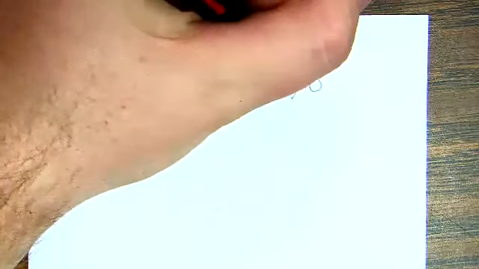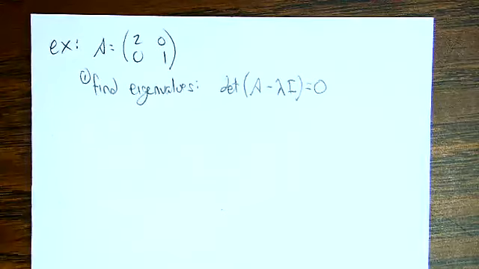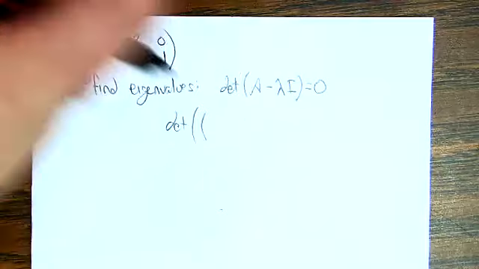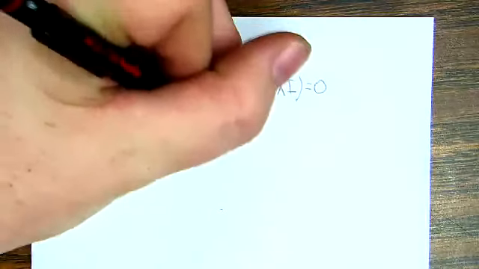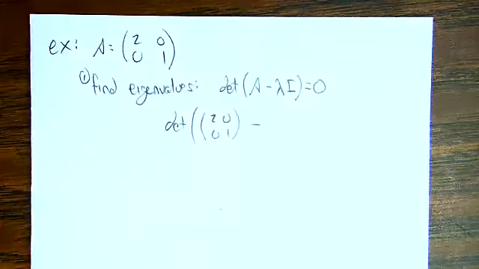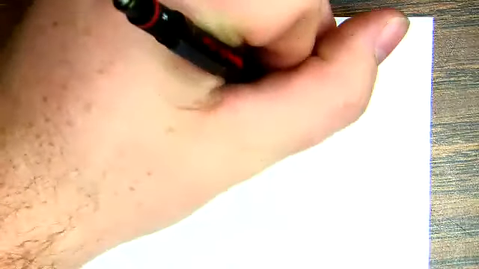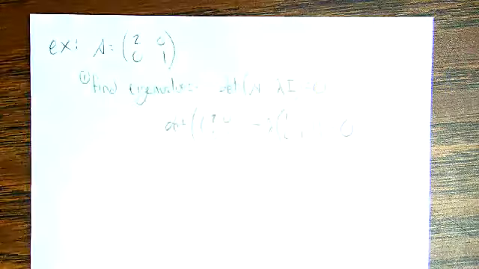So to find the eigenvalues, we're going to find lambda, so the determinant of A minus lambda I is equal to 0, which means the determinant of A, which was 2, 0, 0, 1, and we're subtracting off lambda times 1, 0, 0, 1, and we need that to be equal to 0.